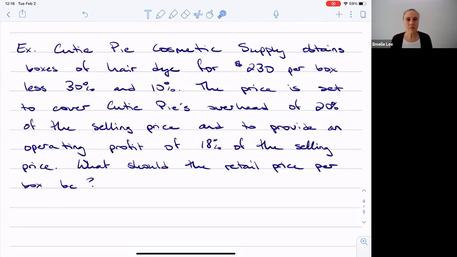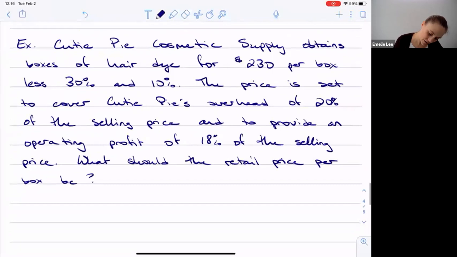So what I'm going to do is list all the information that I'm given and see where that gets me. It's not obvious, but the 230 is going to be our list price. The reason for that is that they obtain the box for 230 less these discounts, so the larger amount is going to be the list price.